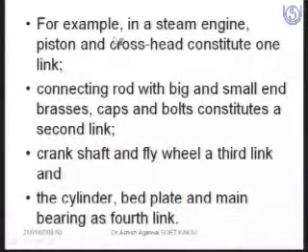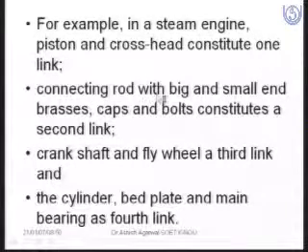Now if we take the example of different links, we all know the steam engine consists of a cylinder, piston, and crosshead. So first, the piston and the crosshead with the steam engine constitute one link.